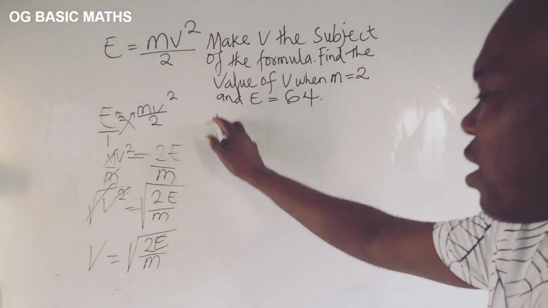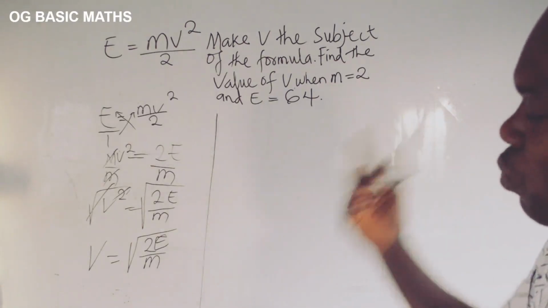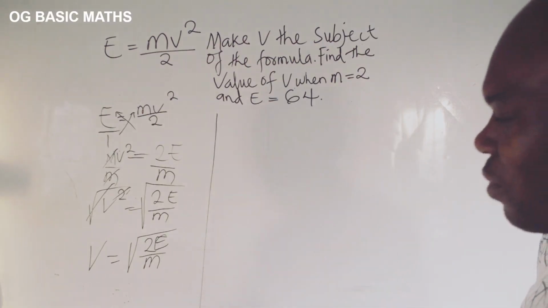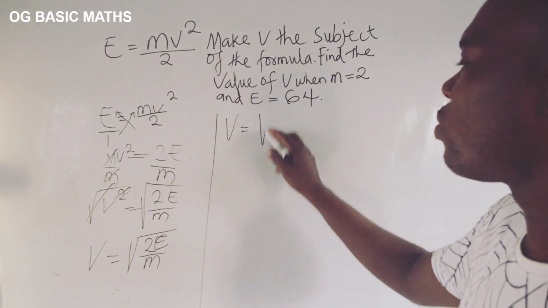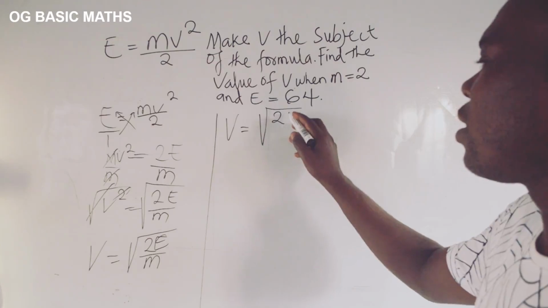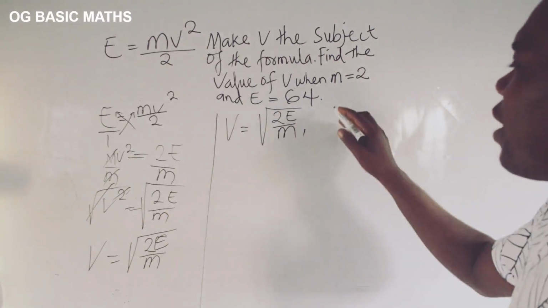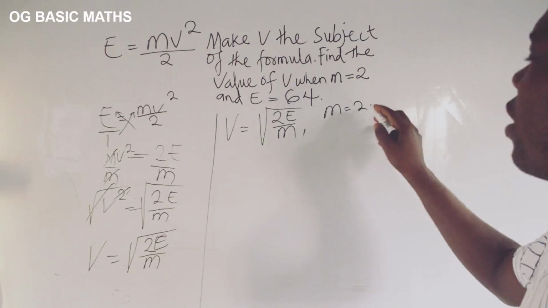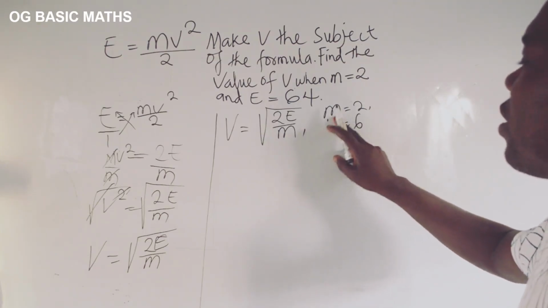But the question is for us to find the value of V when M is 2 and E is 64. So we have V equal to the square root of 2E all over M. We are told that M equals 2 and E is 64.